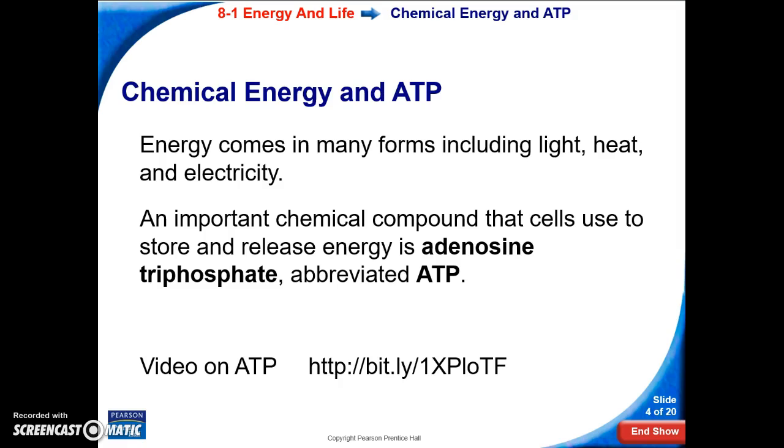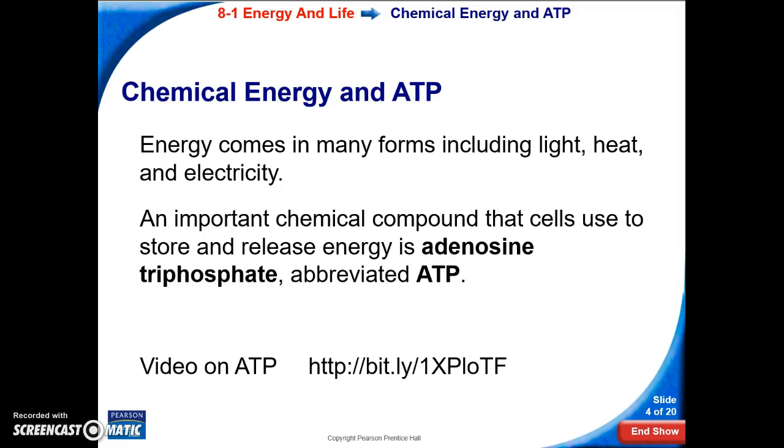But the chemical energy that we're focusing on is what cells use to store energy or to get the energy that they need. For example, a heterotroph is going to get its energy in adenosine triphosphate, which we abbreviate as ATP.